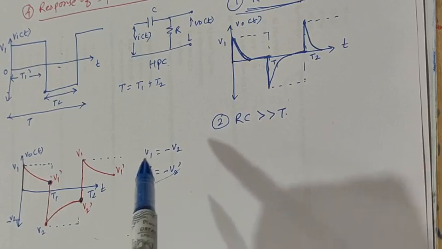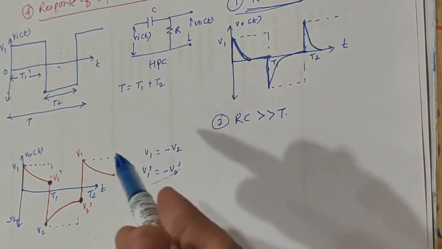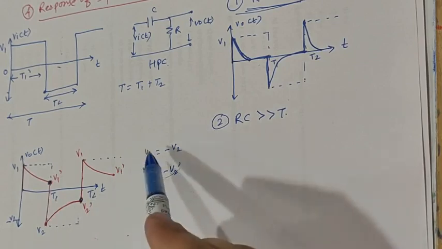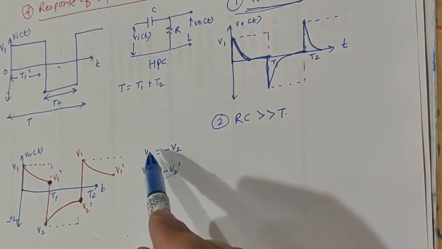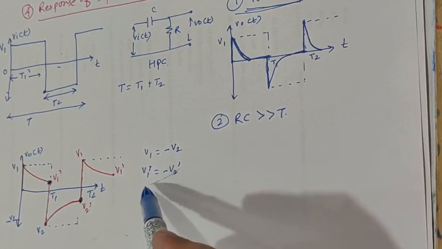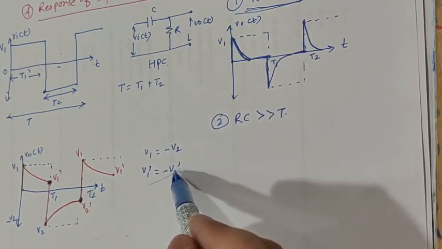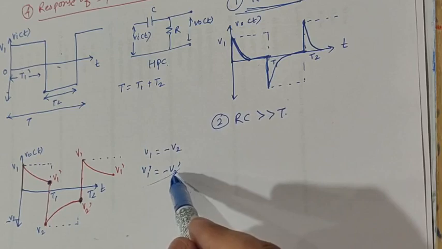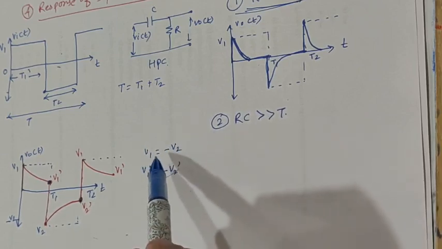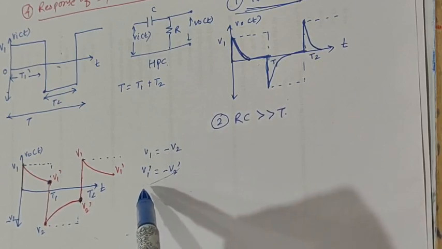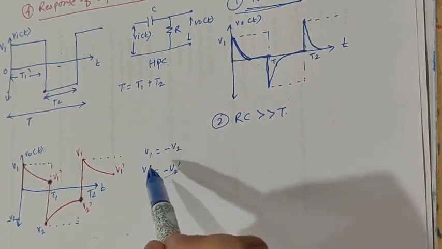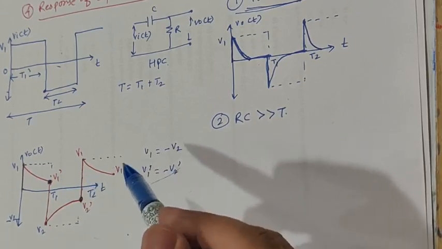But the good point is they are symmetrical, only opposite in sign. So if I calculate V1, I can get V2 by multiplying by the negative sign, and if I calculate V1 dash, I can multiply by the negative to get V2 dash. So my next agenda is to calculate the value of V1 and V1 dash, any two values out of these, so that I can get the remaining values.